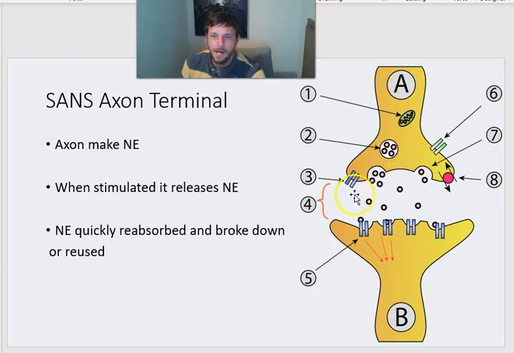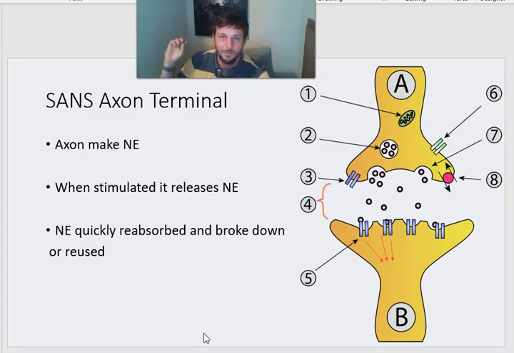And then, after it gets released, it gets reabsorbed pretty quickly. You don't want this thing out there that causes your body to be like on 10, right? You don't want to have a lot of this neurotransmitter out that is going to have your heart rate up, your breathing rate up, your pupils dilated, because that's burning a ton of energy, having it cranked all the way up like that.